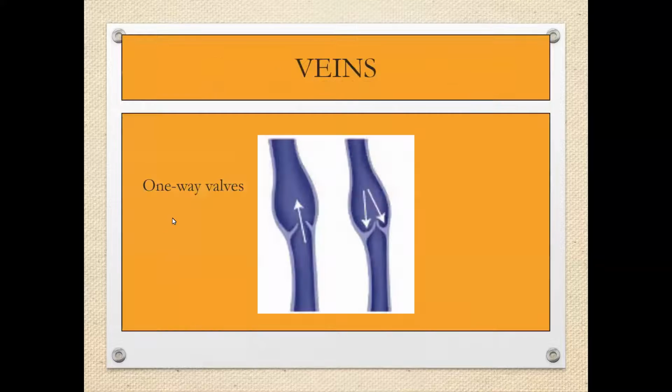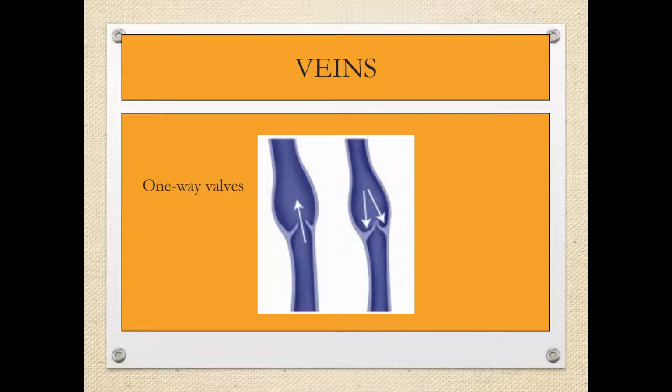And the reason our veins work so well is inside our veins are one-way valves. These are like little one-way trap doors. So when you're walking and your muscles are pumping and they want to push blood out of your leg and back up to your heart, these valves swing open like a little one-way trap door, and they allow the blood to travel up back towards your heart.